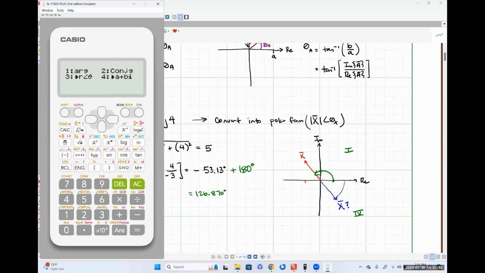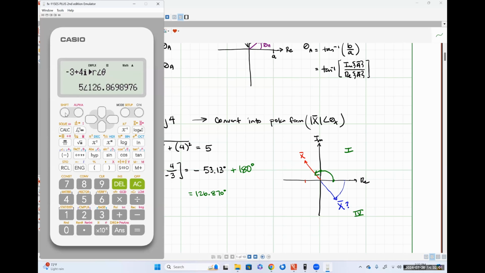You can only do argument, conjugate, convert to polar form, and convert to rectangular form. There isn't an option that just gives you the real part or just gives you the imaginary part. So I'm going to choose option 3, press equal. We got the same answer as we've gotten every other time we've worked this.